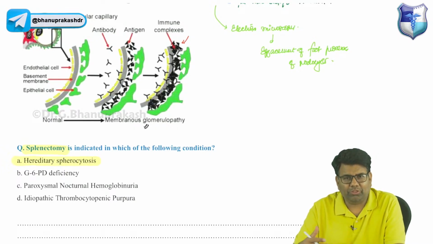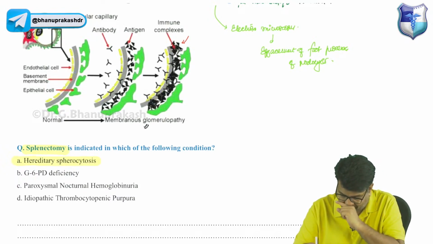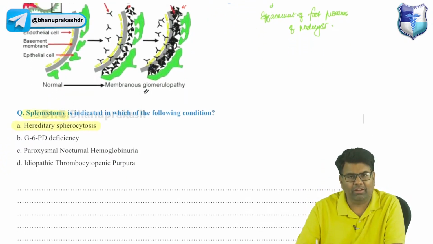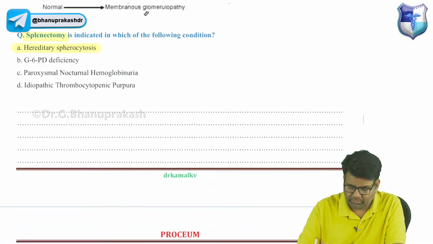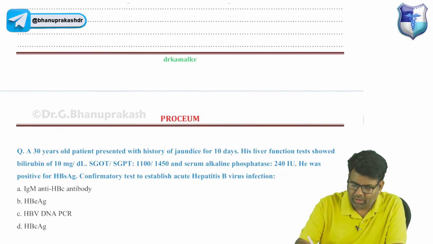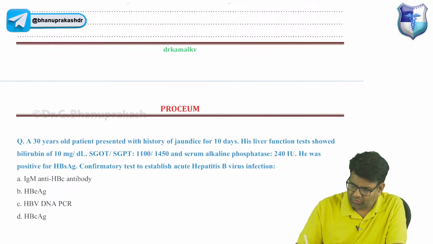As they try to pass, they are broken down. So if you want to prevent hemolysis, you have to sacrifice the spleen, right? So splenectomy should be done, again, with preoperative pneumococcal vaccination.